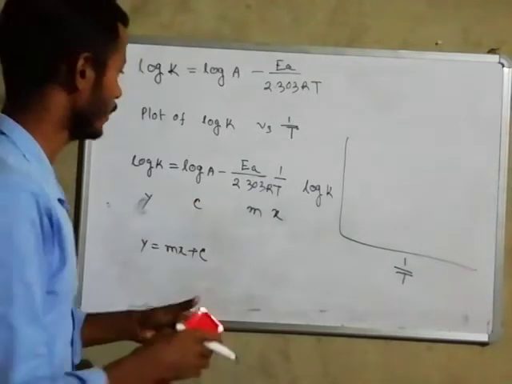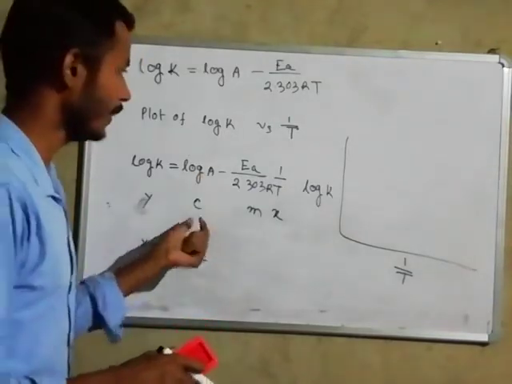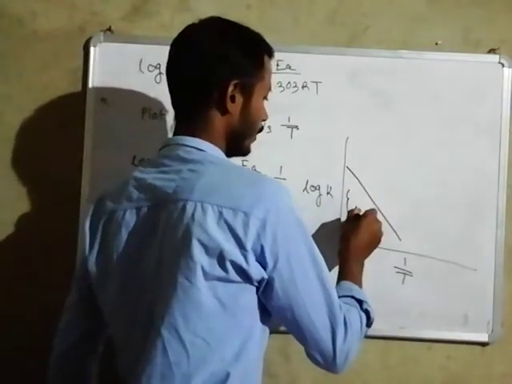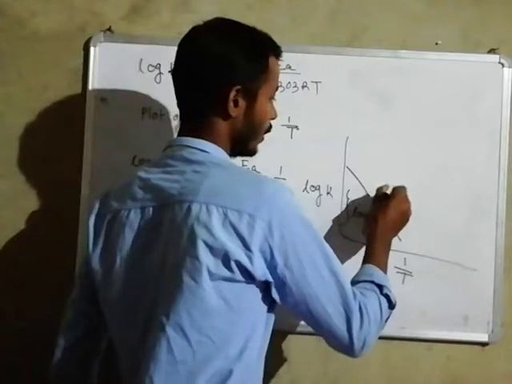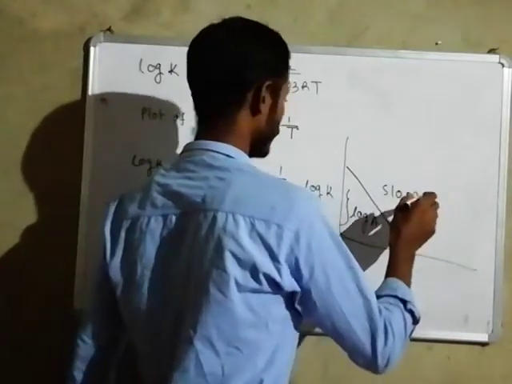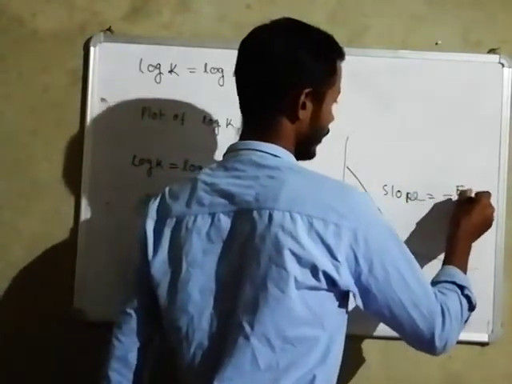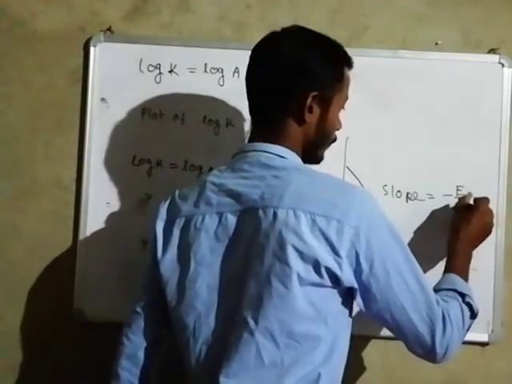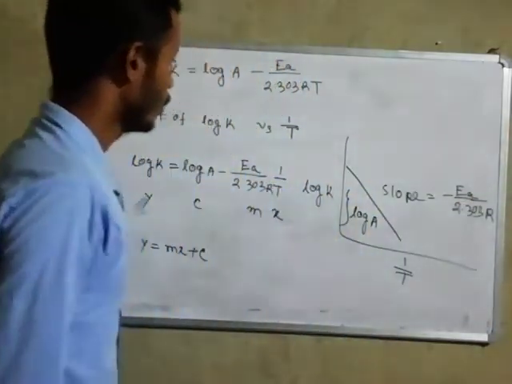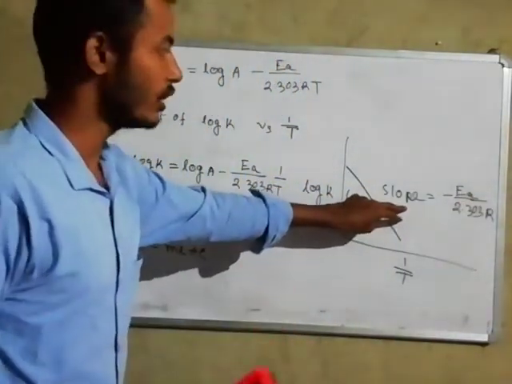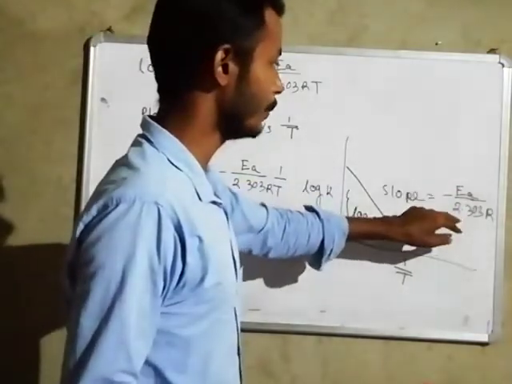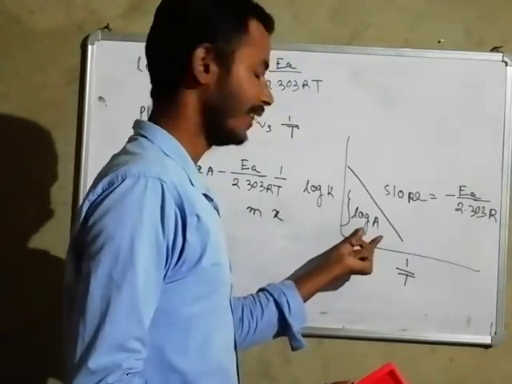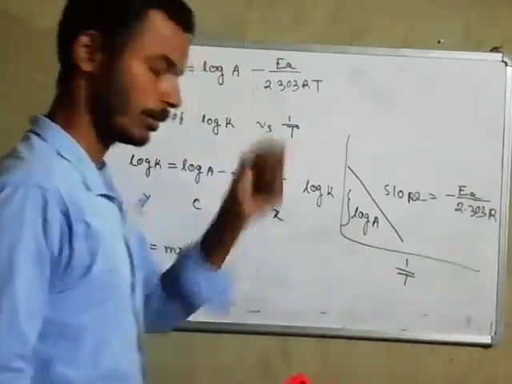Intercept means log of A. That is, this is the intercept, that is log of A. And the slope is equal to minus EA divided by 2.303 R. So the slope of the Arrhenius equation is minus EA divided by 2.303 R, and the intercept is log of A. So remember this equation.